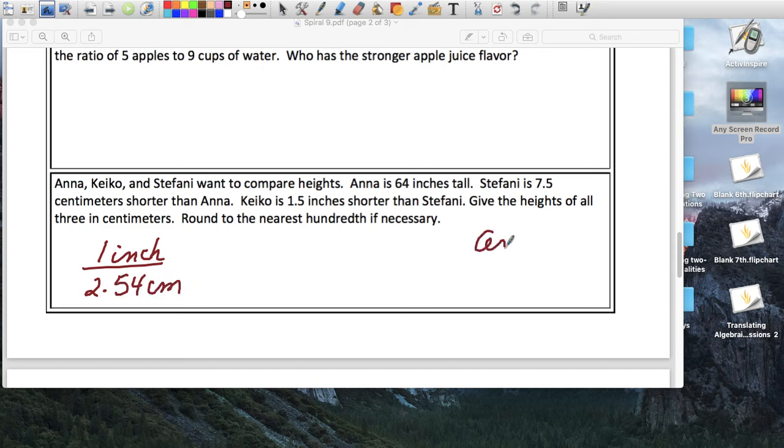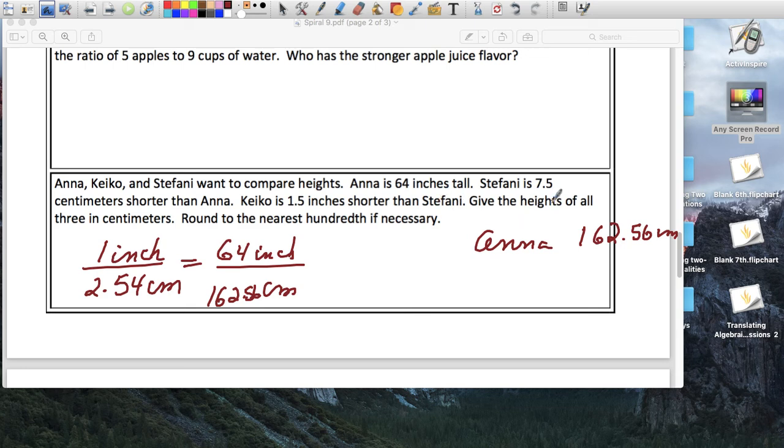Okay, so let's do Anna first. Anna is 64 inches, and we've got to find out what she is in centimeters. Relationship times 64, right? At the bottom, 2.54 times 64, and in centimeters, she's 162.56. So Anna's 162.56 centimeters.